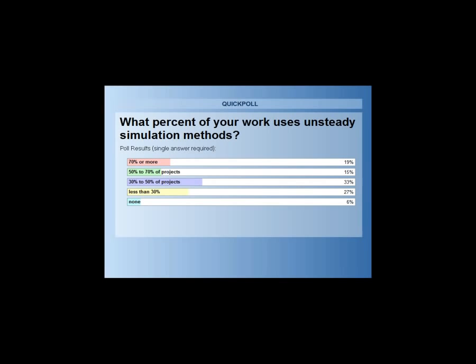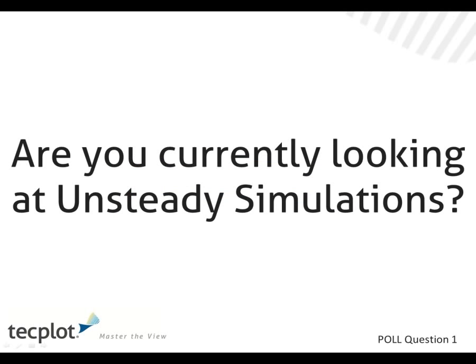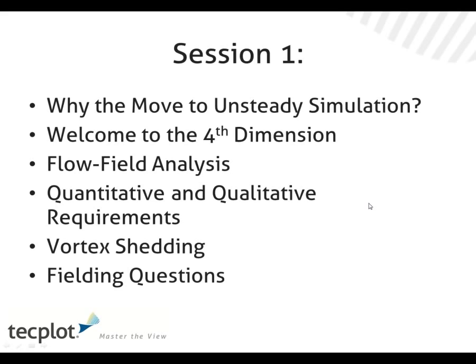Flow is inherently unsteady, and as you go to higher resolutions and you're looking for more physics, you'll need to do more unsteady. In my travels I'm seeing more and more people doing this, and it makes a lot of sense.